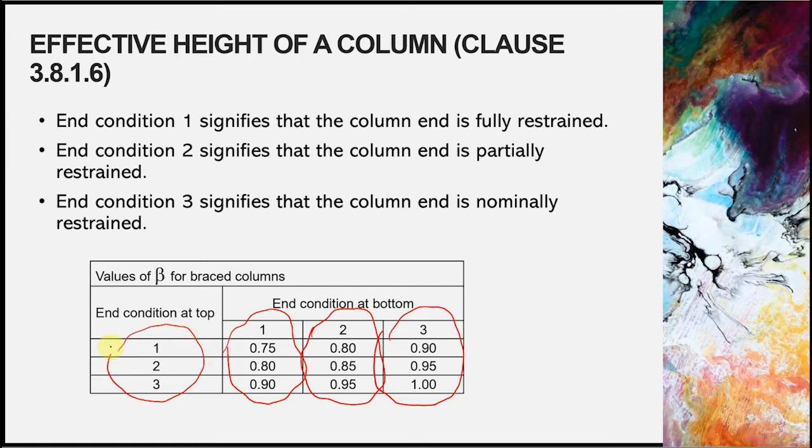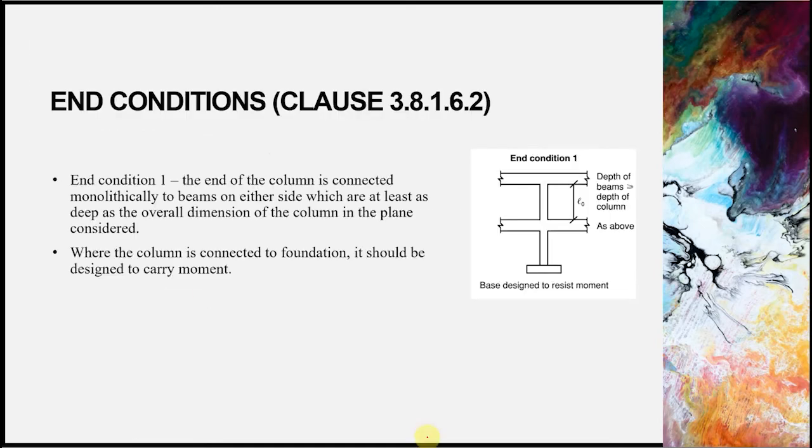And for end condition at top, macam mana dia connect mungkin pada the higher beam and ada column lagi ke atas. So end condition number 1: the end of the column is connected monolithically to beams on either side which are at least as deep as overall dimension of column in the plane considered.